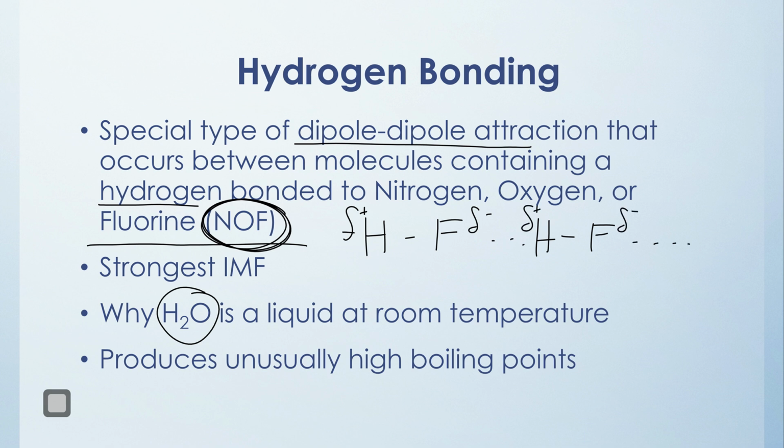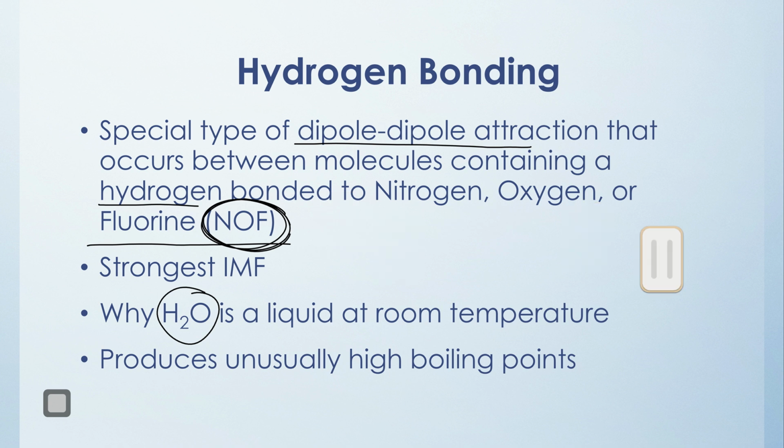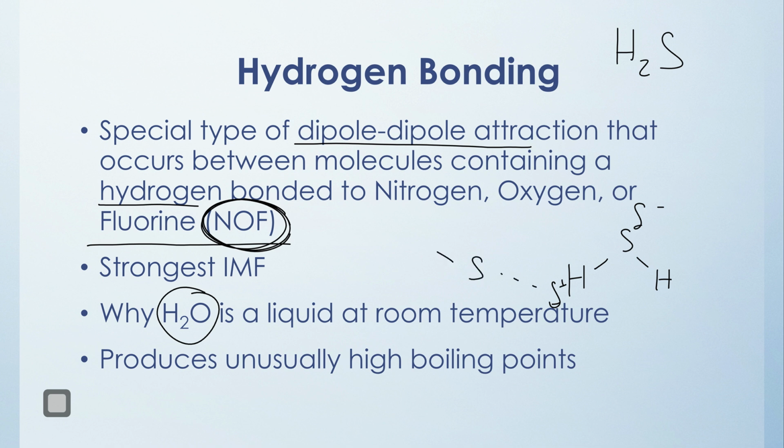Okay, and so forth. This is different from a dipole-dipole like H2S. Now, this is where it gets confusing. H2S looks very similar to what H2O does. This would be negative, this would be positive, and there would be an attraction between that hydrogen and another sulfur on another atom. But this is not as strong.